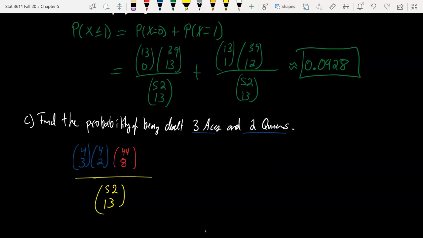So we'd have to run through the probabilities there. I guess I can just go ahead and do that here. So what is 4 choose 3? 4 choose 3 is 4. 4 choose 2 is 6. 44 choose 8 is a large number, so I'm going to leave that in the calculator.